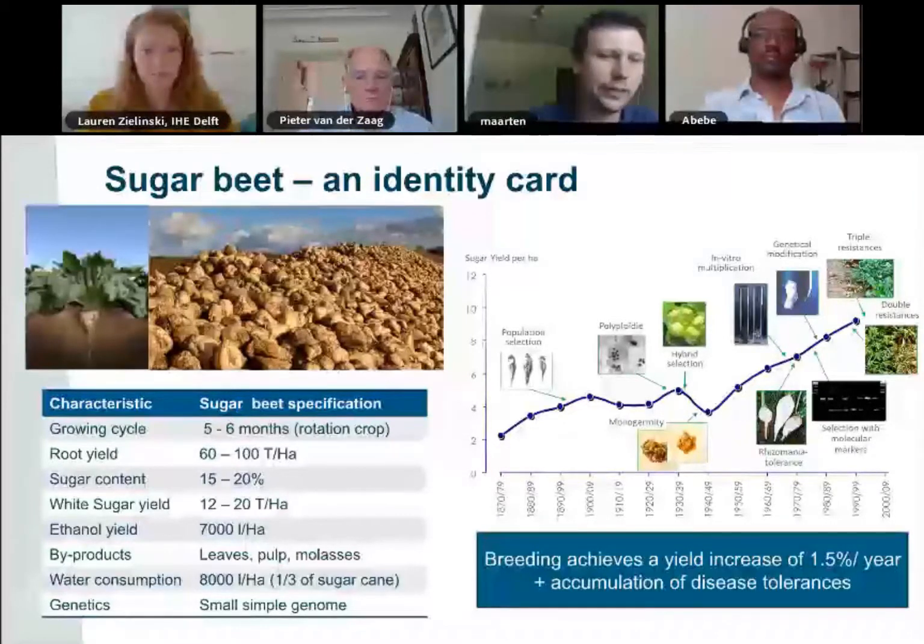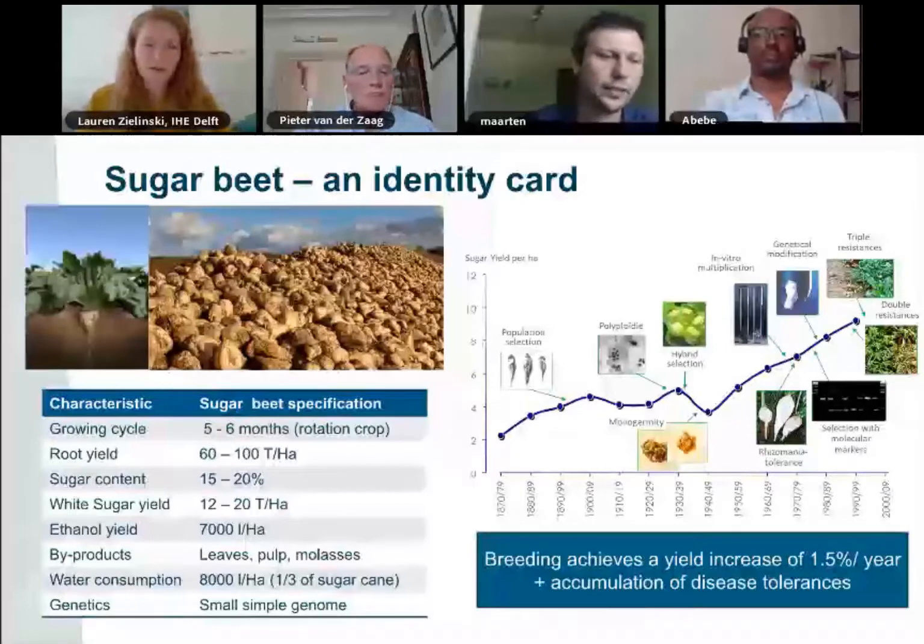Yields typically are 80 to 100 tons of root yield per hectare, and in some regions up to 140 tons, and in more stressful regions a little bit less. Sugar content is typically 15 to 20%, and this results in a white sugar yield at a factory of, let's say, 17, 18 ton on average per hectare of white sugar.